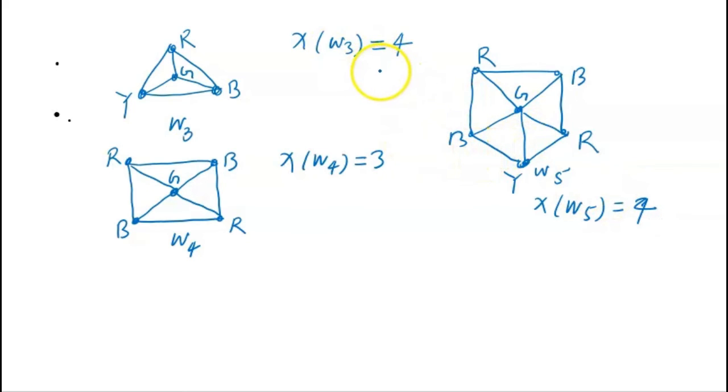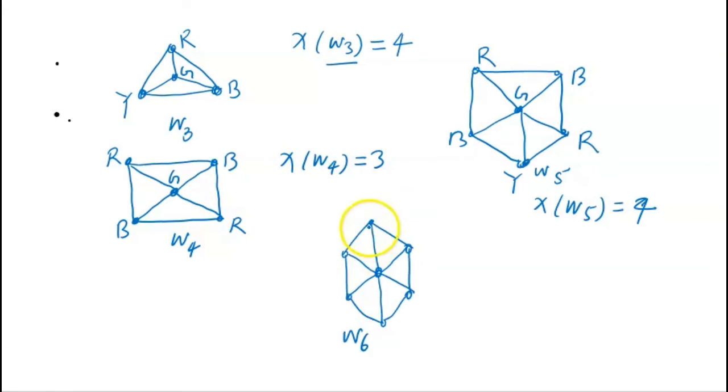Okay, so did you notice the pattern? If it is W3 or W5, we need 4 colors. If it is W4, I will take the W6 example, and then I will conclude. Okay, so this is our W6 graph. Now let us assign the colors to this. A red color, green color, and blue color, right?